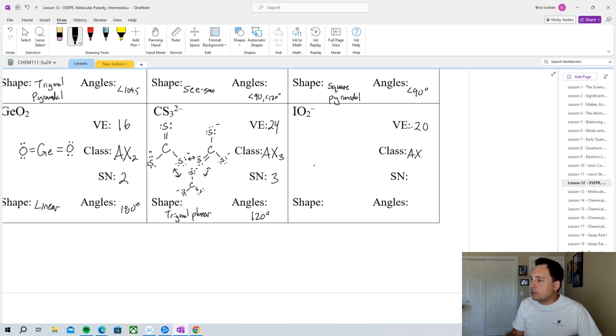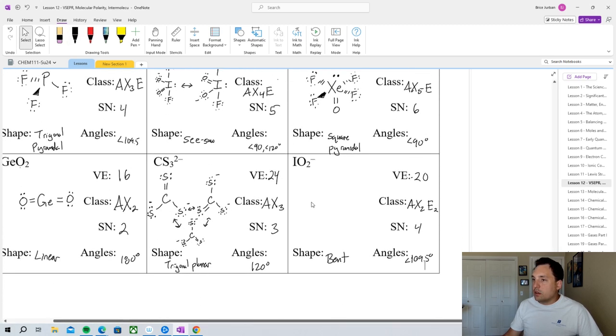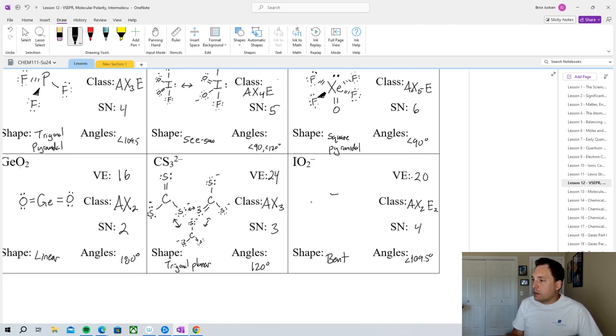So this will be an AX2E2 class, which is the shape that water has. So this is a bent shape. And the bond angles here are going to be less than 109.5 degrees. So we'll draw this like it's water.